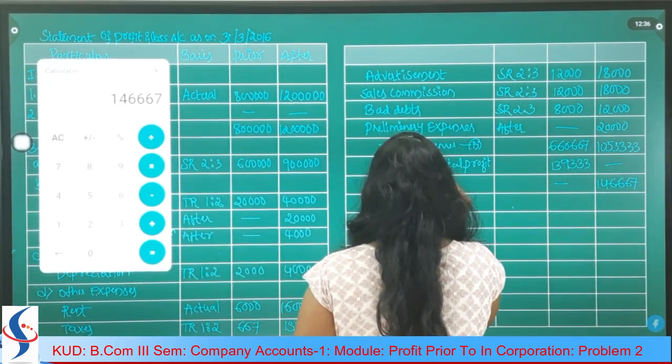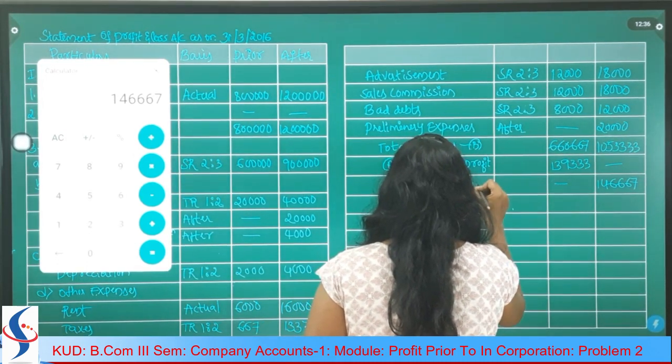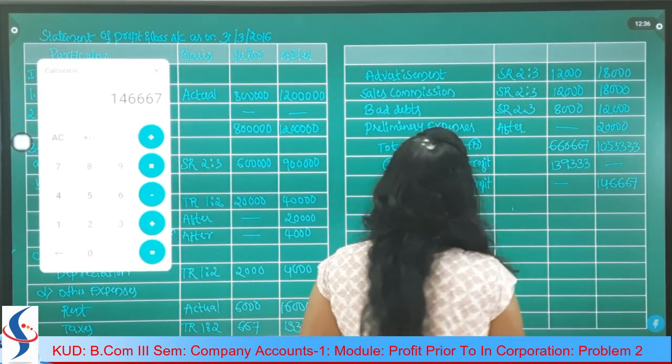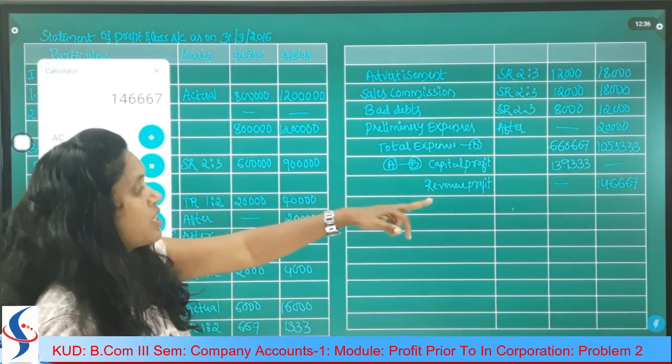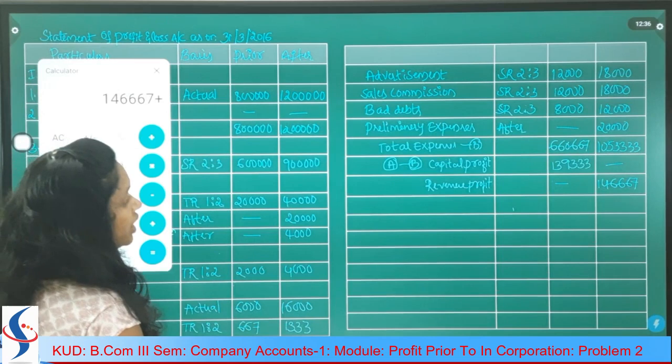After incorporation profit is called revenue profit, or you can call it net profit. When you add prior incorporation and after incorporation profit, that should be equal to the profit given in the question.